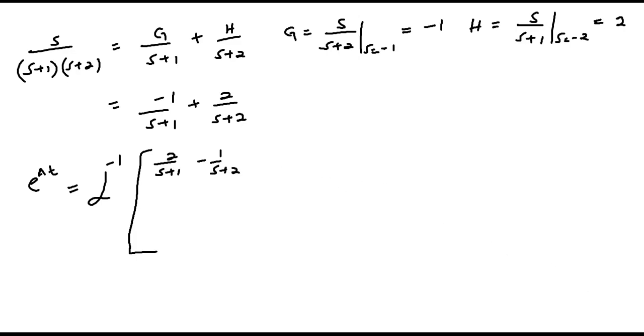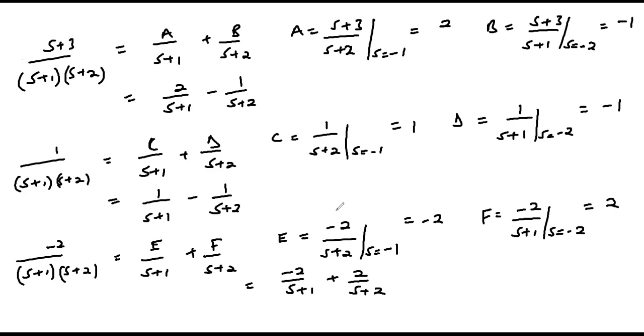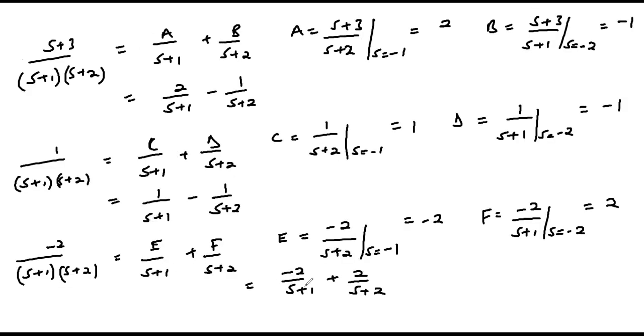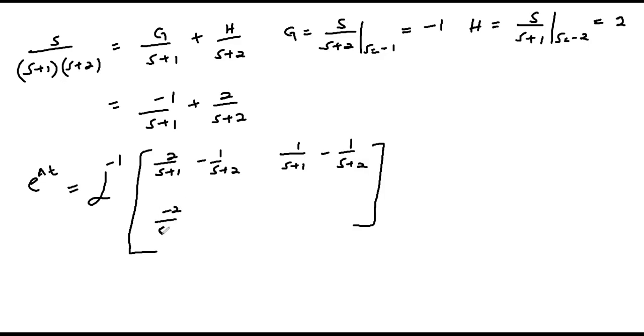The other terms are 1, negative 1. We have 1 over s plus 1 minus 1 over s plus 2. For the other terms, we have negative 2 and 2. So minus 2 over s plus 1 plus 2 over s plus 2.